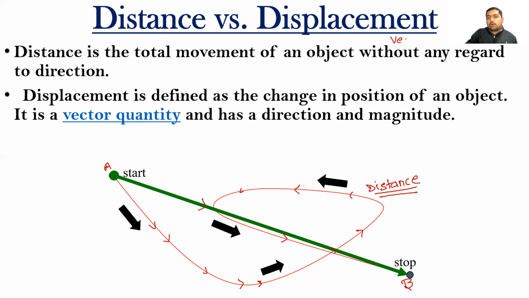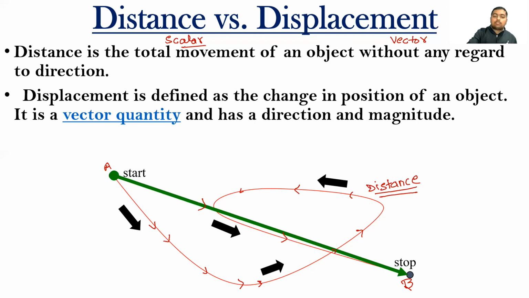Displacement is a vector quantity and distance is a scalar quantity. Displacement is the shortest distance, remember it. It needs magnitude and also depends on direction. But distance only depends on magnitude, it does not need any direction. Displacement is a vector quantity, that's why it depends on direction.